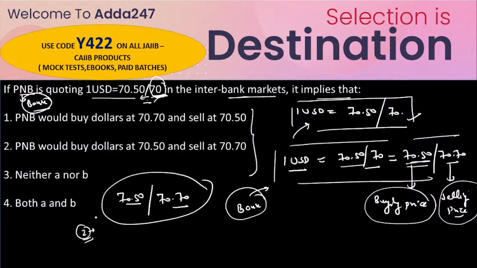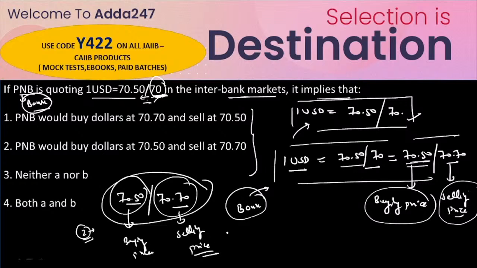And the second thing that I explained here is that you always have to understand it with respect to the bank. So for the bank, this would be the buying price and this would be the selling price. Sometimes the question may be the opposite, like the question says the customer sold in how many rupees.